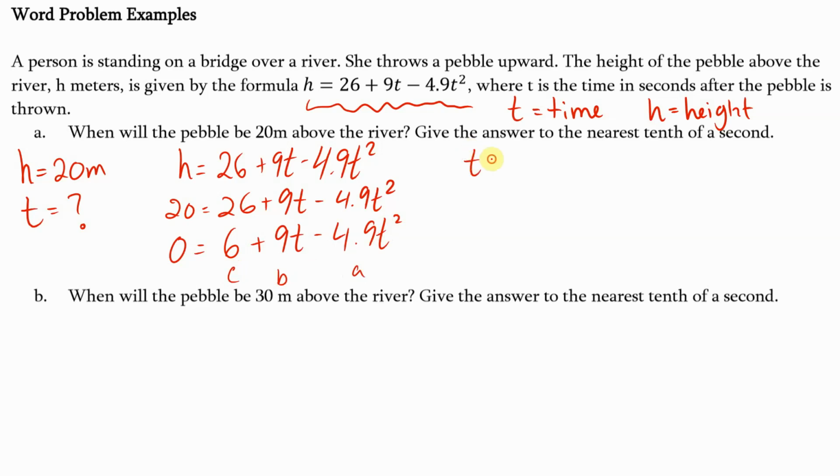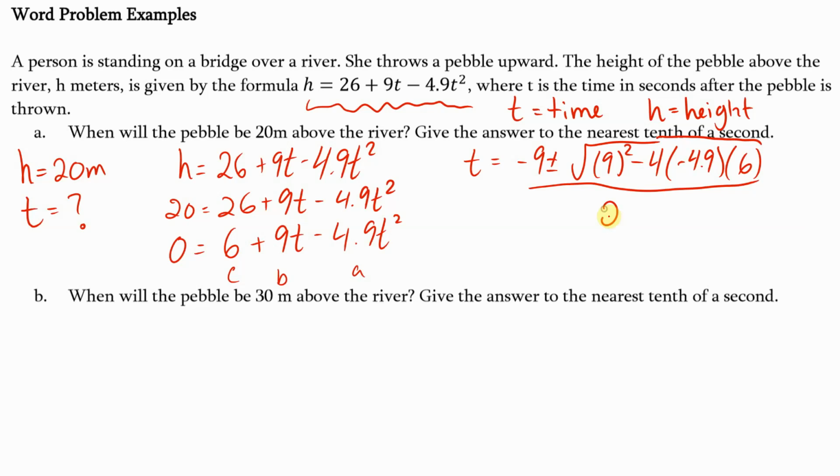So t is equal to negative 9 plus or minus the square root of 9 squared minus 4 times a, negative 4.9, times c, all over 2 times a. Simplifying this, we get t is equal to 2.4 seconds.